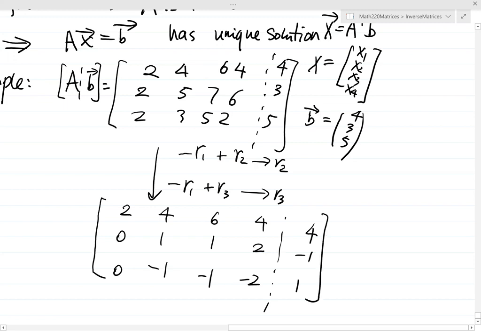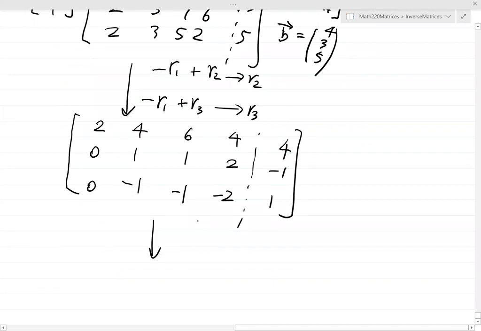And then we continue to reduce variables. So use row 2 and row 3. You see in row 2 the first entry is 0, in row 3 the first entry is 0. The second entry is 1 and -1. So you can add them to cancel one entry. So we let row 2 plus row 3 replace row 3.